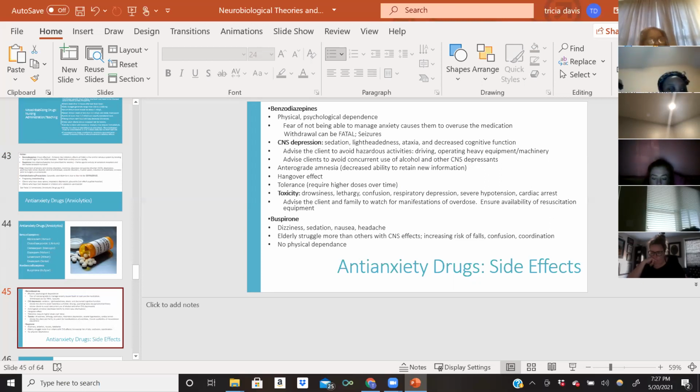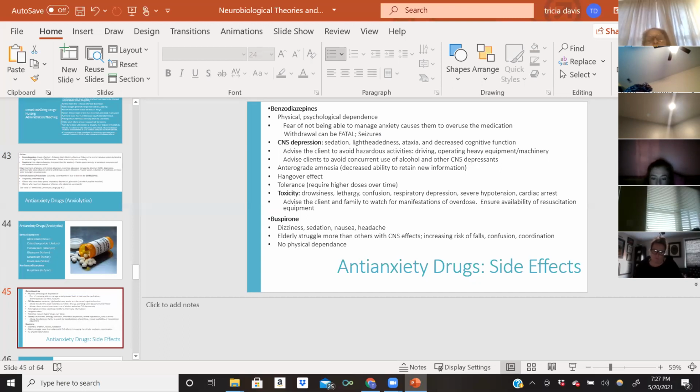It does have an effect on the CNS. It causes depression. So it's going to cause sedation, lightheadedness, ataxia, decreased cognitive function. You want to advise patients to avoid hazardous activities, so driving, operating heavy equipment, machinery. Advise clients to avoid concurrent use of alcohol and other CNS depressants.